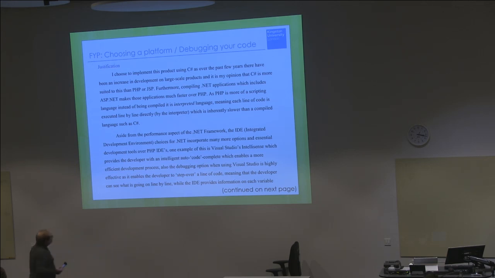And also, this is weak. If they are saying, I'm going to choose .NET because Visual Studio is good, and Visual Studio is good because it provides auto-code complete, well, so does NetBeans, so does Eclipse, so does pretty much every IDE ever these days. Okay? So again, what they're doing here is they're being a bit selective.